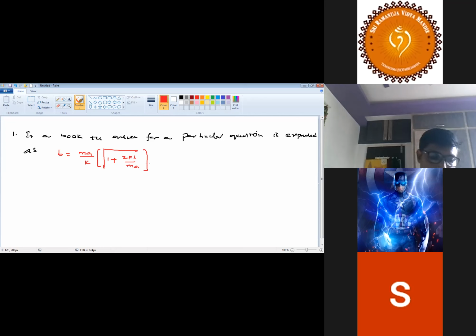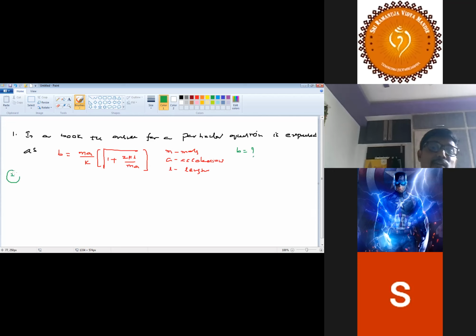Here M is mass, A is acceleration, L is length. We have to find here B. B is equal to what? Dimension formula for B is what?